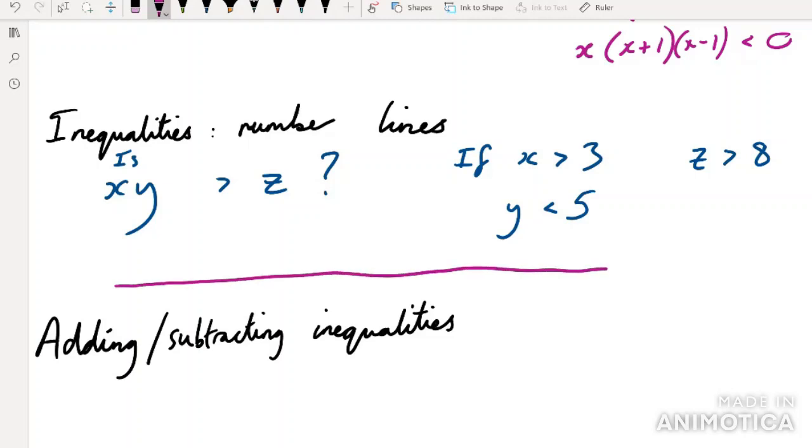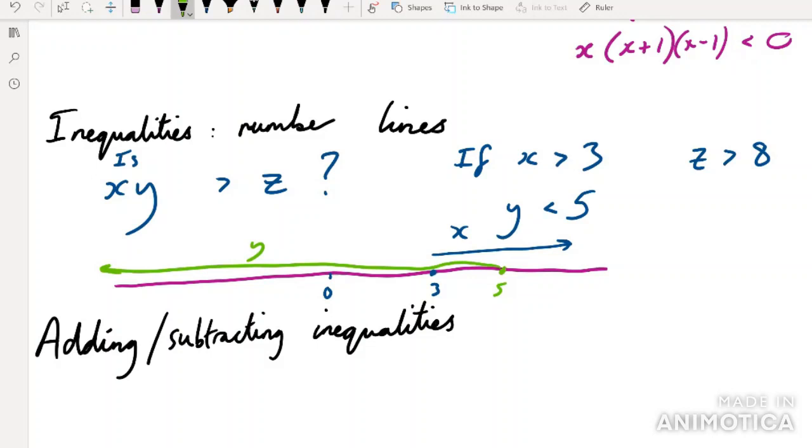So instead, I'll say, okay, we know that x is greater than 3. If I put 0 on here, I can say that 3 is there and x is that way. y is less than 5, so we've got 5, and y is everything that way.